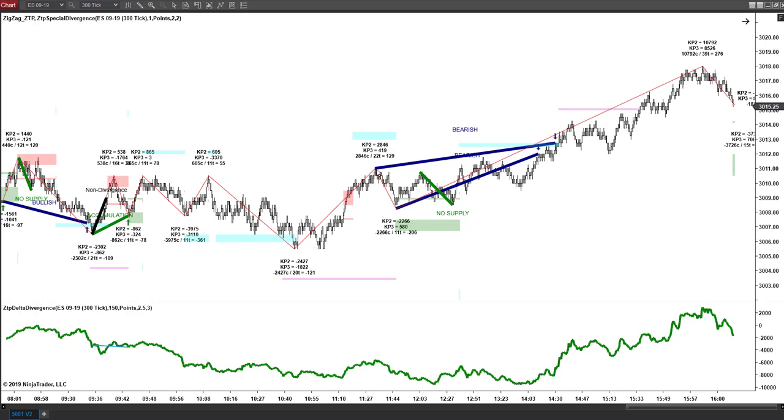And then as price entered a reversal pattern here, the reading was a minus 206, again indicating a very heavy accumulation at the beginning of the lunch hour, which would eventually lead to a 10-point move into the close.